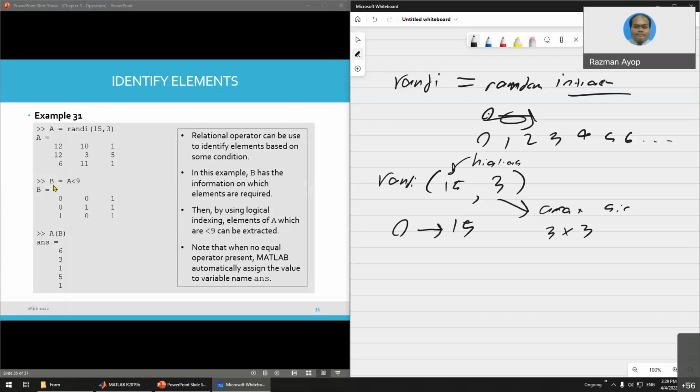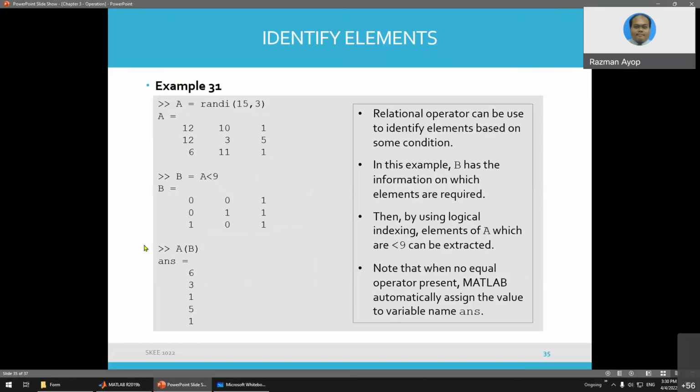If you insert B, the values 1 and 0 and 1, inside A, you will get all the values that are less than 9. To remove all the values you don't want, something that is more than 9, you can use this method.